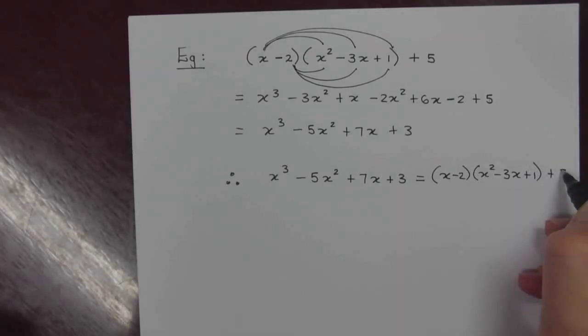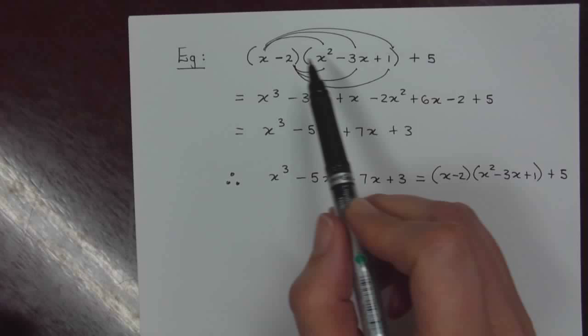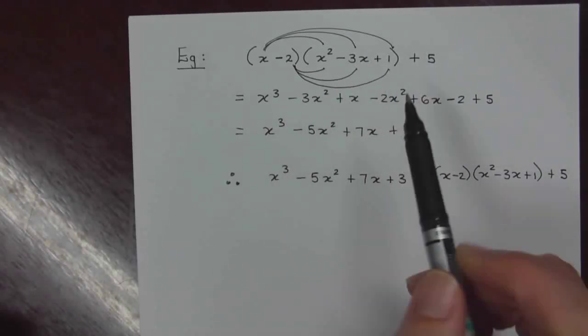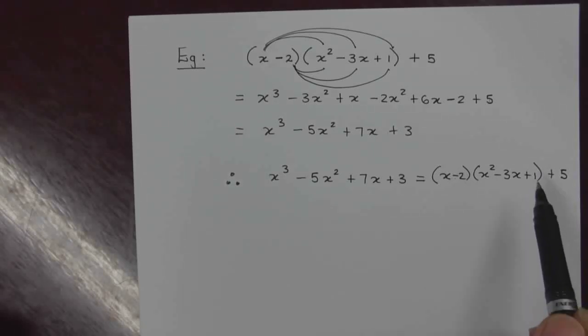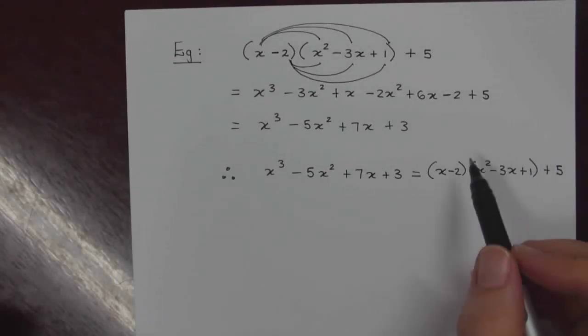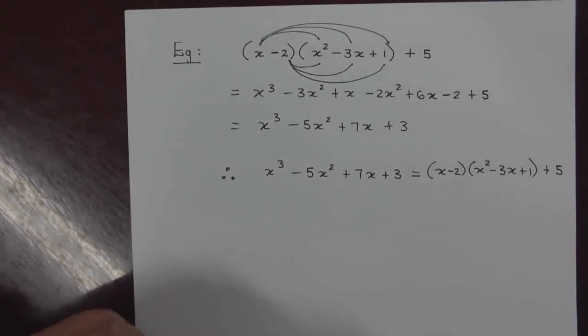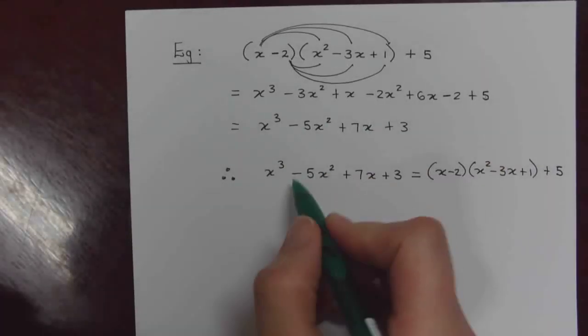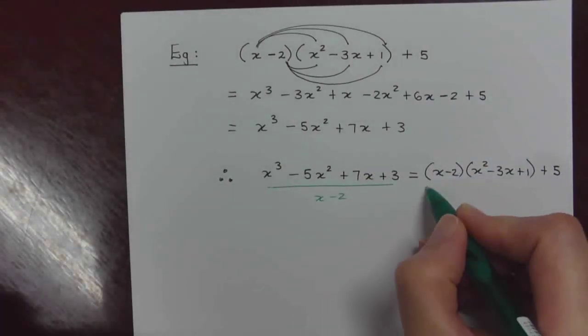Plus then a remainder of 5. So I was just showing you that because if we multiply this one out, we get to this, then I can rewrite this one as that. But now if I go slightly back one, I can then decide my actual divisor here was that x minus 2. So I can now divide this side by x minus 2, and I can divide this side by x minus 2 as well.